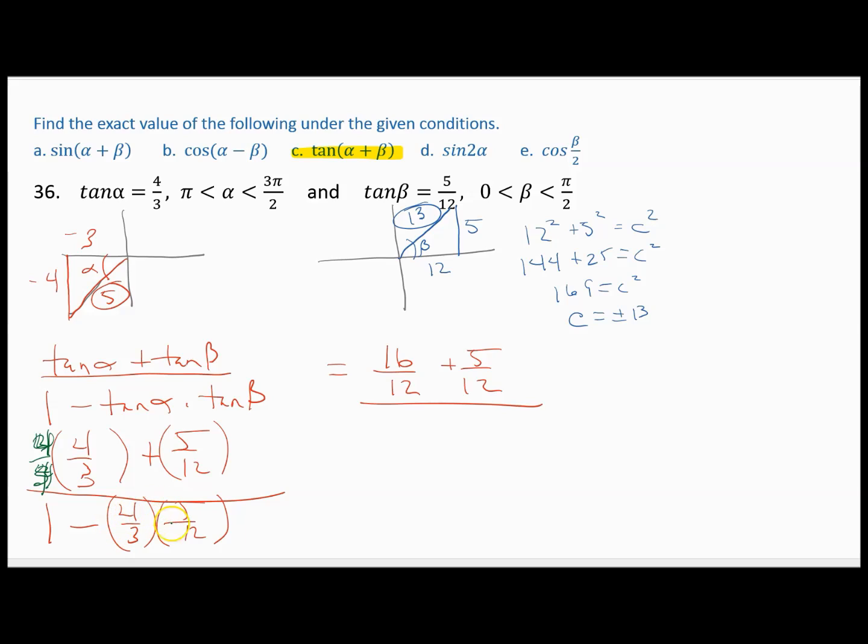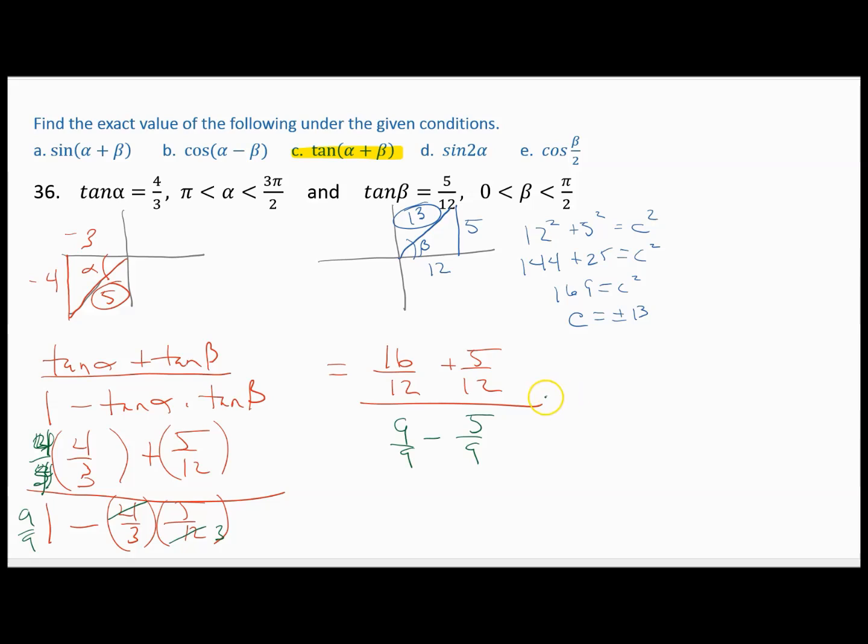Now this 4 and this 12 will reduce to leave a 3. So my common denominator there is 9. So we could multiply this by 9 over 9. So we'll have 9 over 9 minus, and then that's 5 over 9.